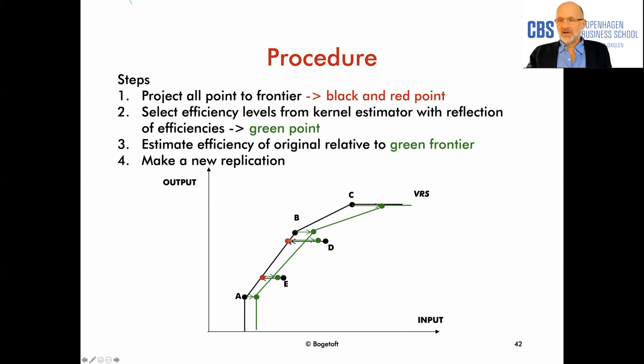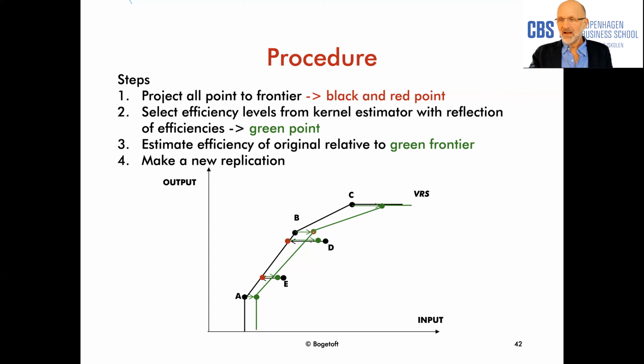While for B, you picked a lower number from the kernel distribution, so you get projected further to the right here. Okay, so this is the idea. You have this as the underlying model, but now you create a new model here.